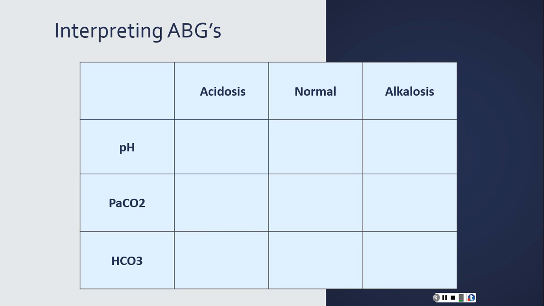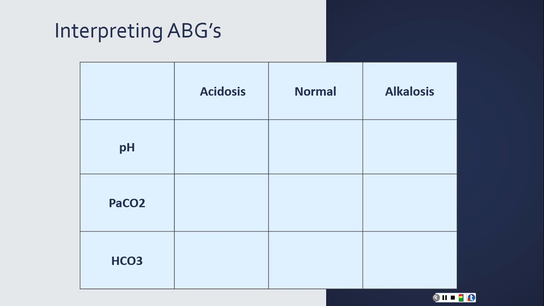Okay? So compensation, we're going to have three choices. As far as compensation goes, it's either going to be compensated, which means the pH has now been brought back to normal.